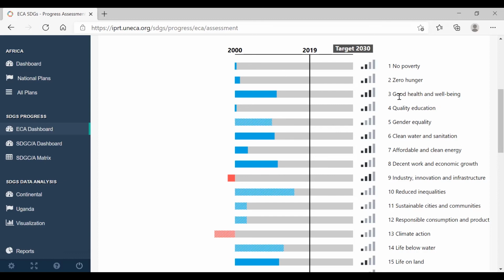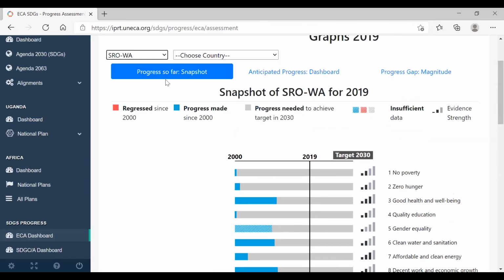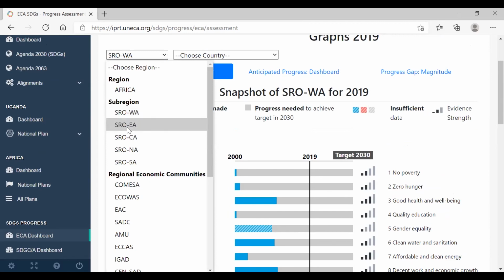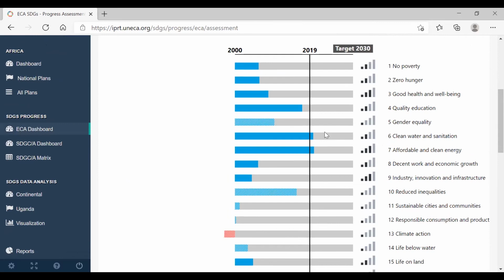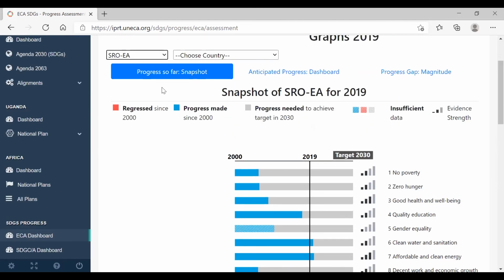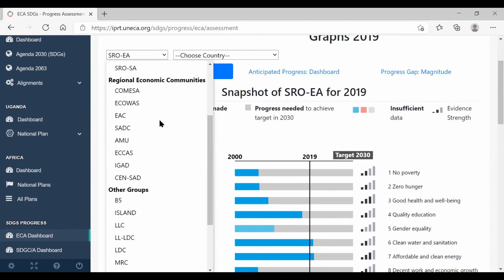There is good progress in goal number 3, goal number 6, and goal number 8 as well, and also goals 15 and 17. You can also look at Eastern Africa. I think there's good progress in a number of goals, like goals 4, 6, 7, and also 3, and 1 and 2 as well. The point is that you can see the SDGs progress by sub-regional levels.